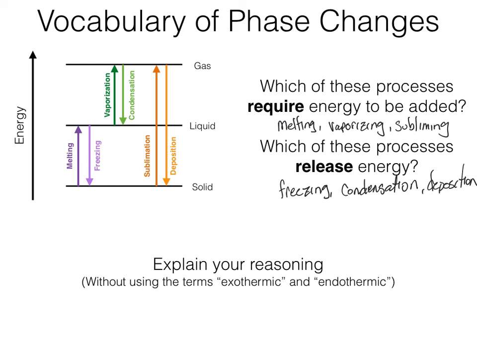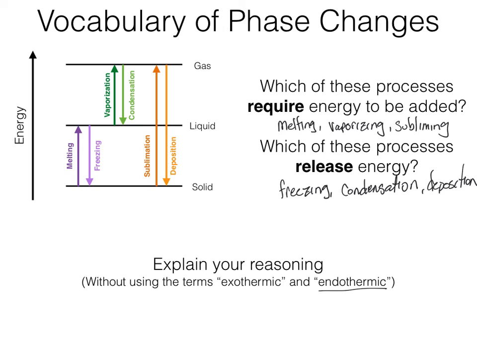So without using the terms endothermic or exothermic to explain this, to go from solid to liquid, we need to increase the amount of energy in our system. Increasing the energy means that we have to add it, and that is what endothermic is.